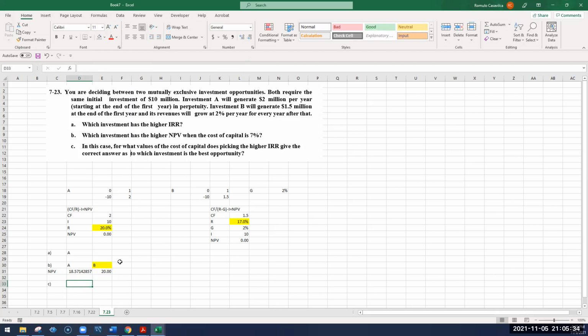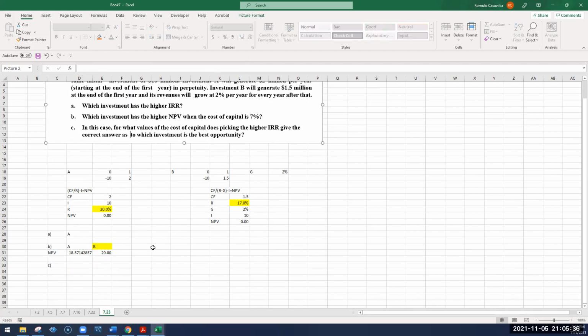On C, this is the hardest one. It says, for what values of the cost of capital does picking the higher IRR give the correct answer as to which investment is the best opportunity?